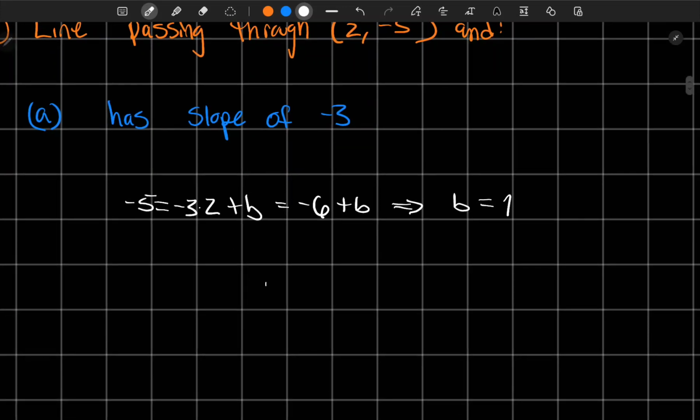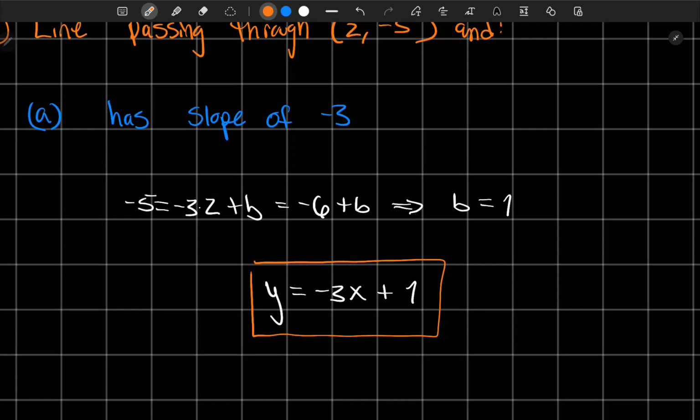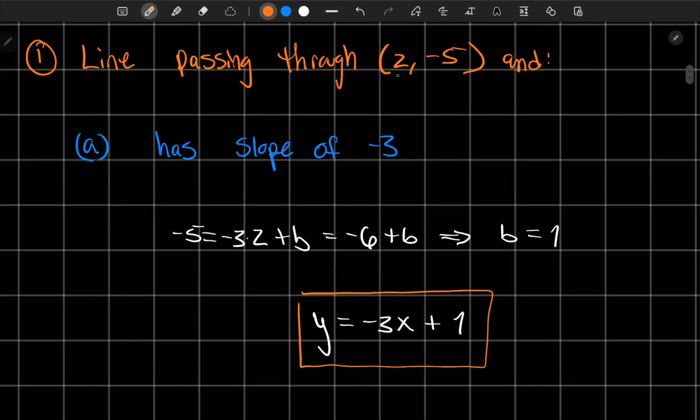Then the total form of our equation is y is equal to -3x plus 1. And this is the line which passes through (2, -5) in the xy plane and which has a slope of -3.